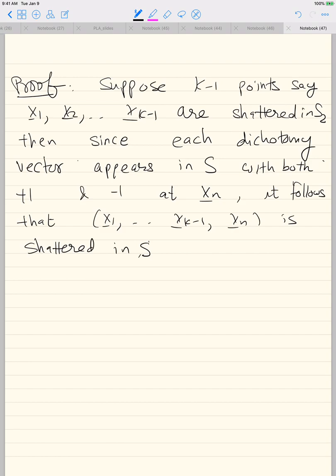So you will have 2 times 2 to the k minus 1, which is 2 to the k possibilities, which means you are shattering the set S at these k positions. This is a contradiction.